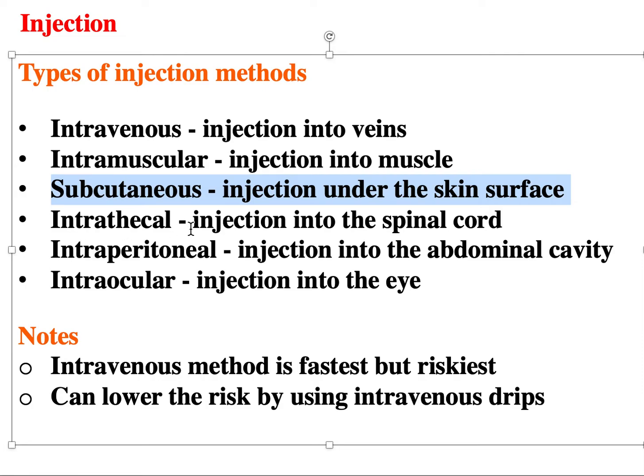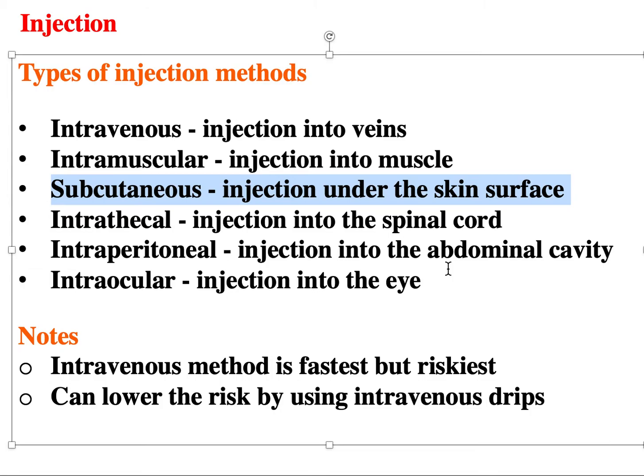IP, this is into the abdominal cavity. So there could be reasons to do this. This is going to be a little bit more unpredictable in terms of how it hits the bloodstream. Intraocular is injection into the eye, that's mainly for eye surgery or ophthalmological procedures.